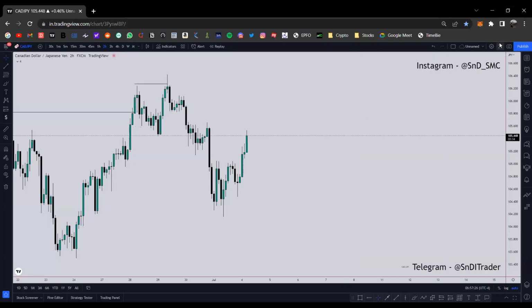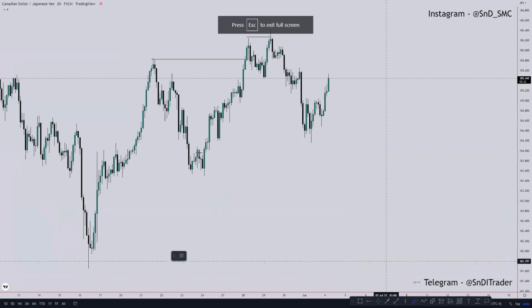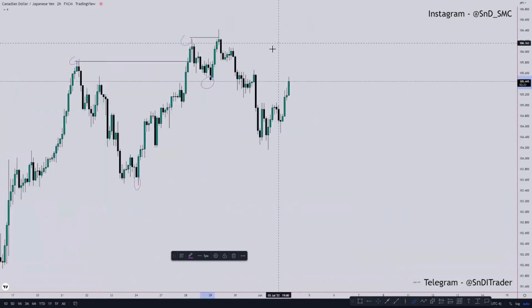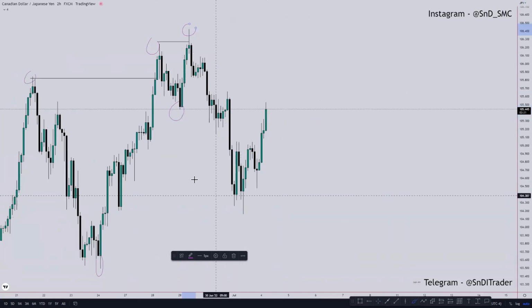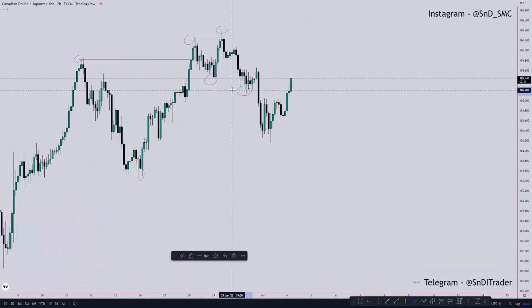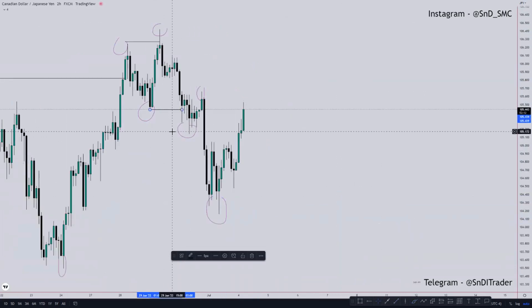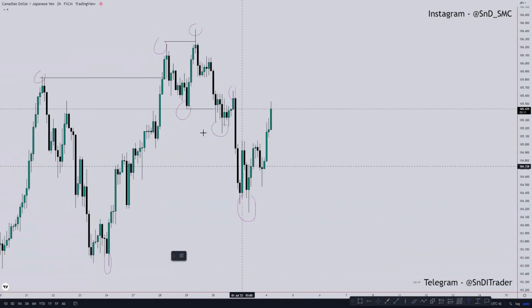On 2 hour, you see price making a higher high, higher low, higher high, higher low, then a lower low, another lower high, then another lower low. So we have a nice breaking market structure here towards the downside.